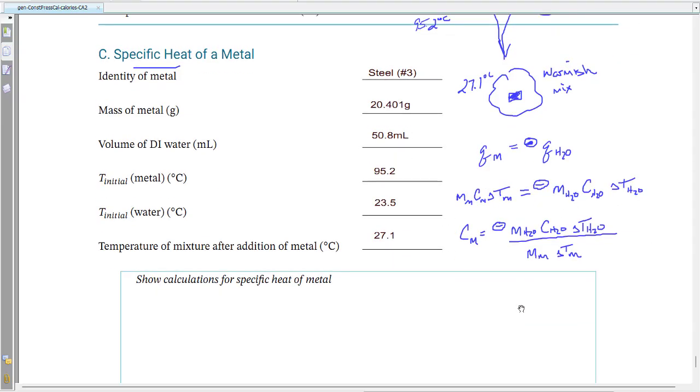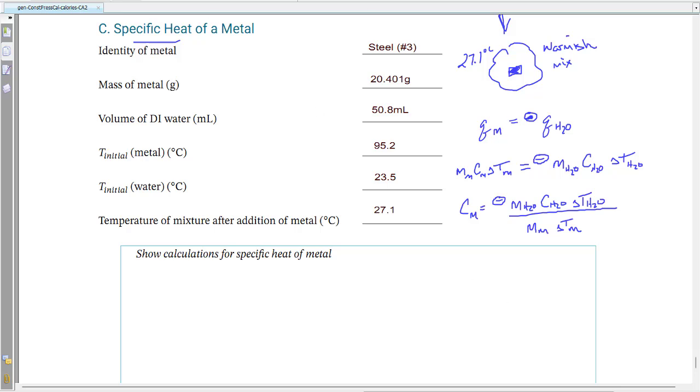I'm going to scroll a little. Now, let's start plugging it in, all right? C of the metal is big old negative sign. Mass of the metal was given to me, 20.401 grams. Okay. Specific heat of, oh, sorry, scratch that. Don't get messed up here, right?